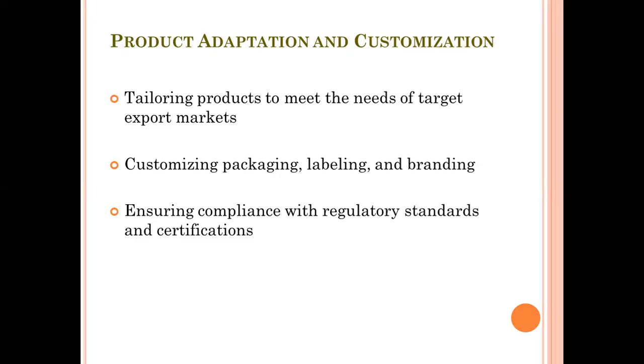Again, we need to work on customizing, packaging, labeling, and branding. Appearance is the key, I said, and appearance will come from packaging. If you are labeling it, mentioning the ingredients and the nutritious value of the commodity, that will increase the brand value.